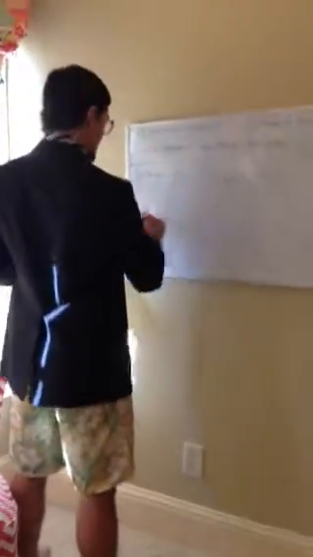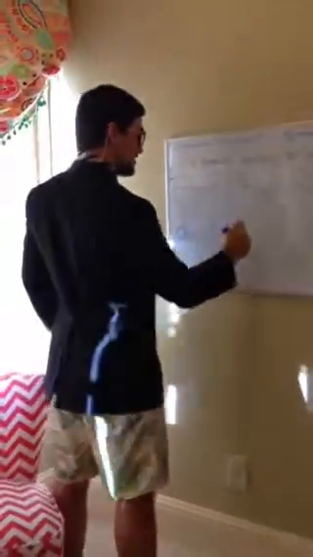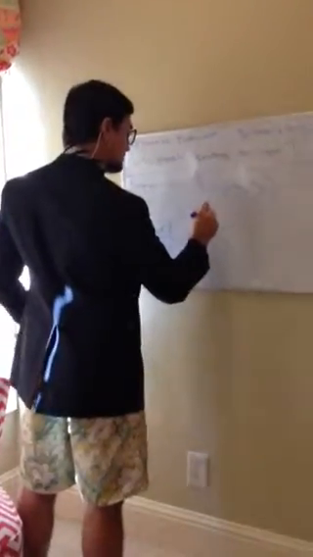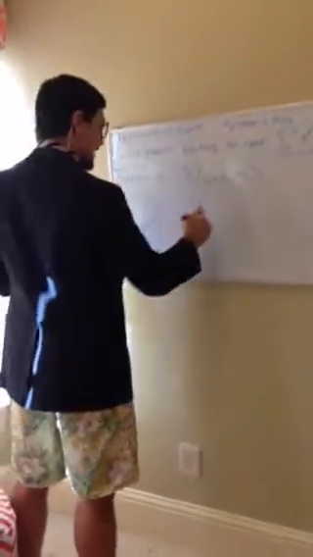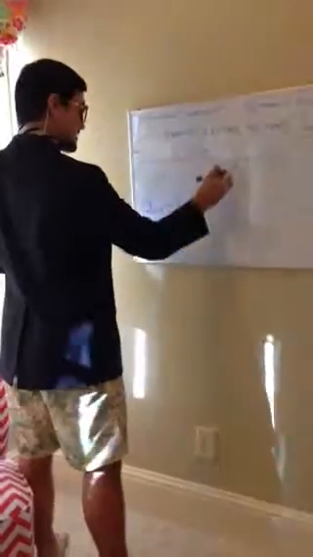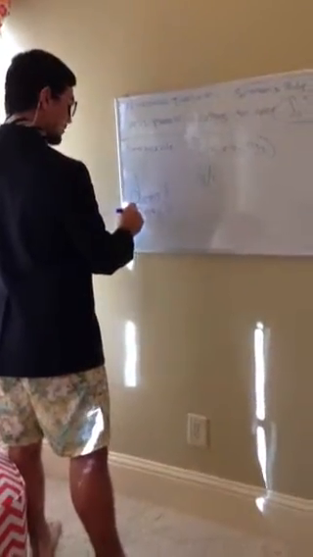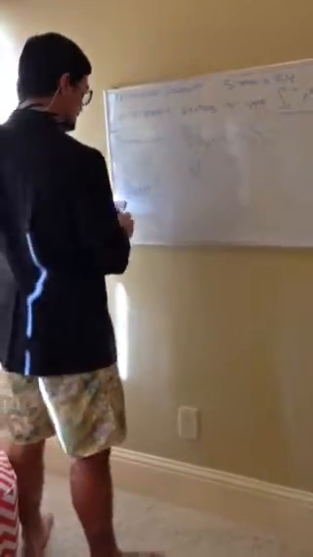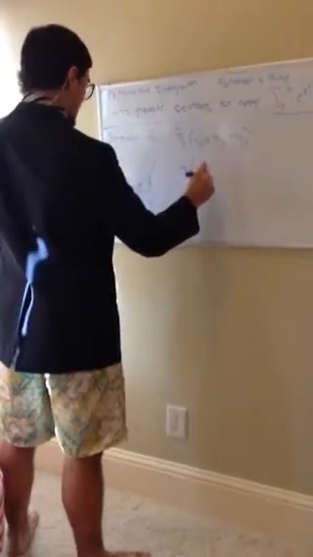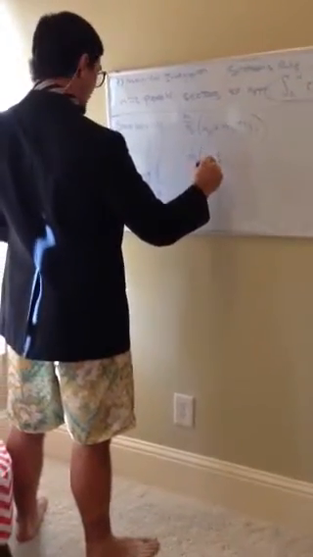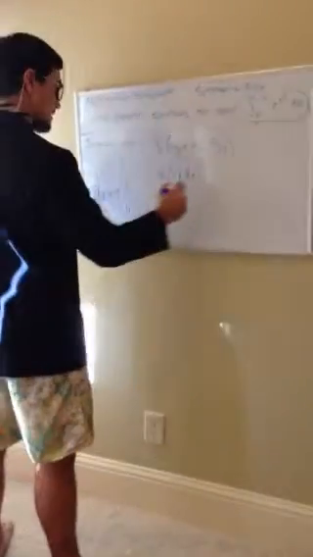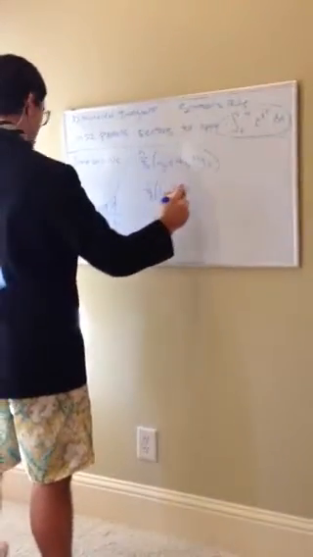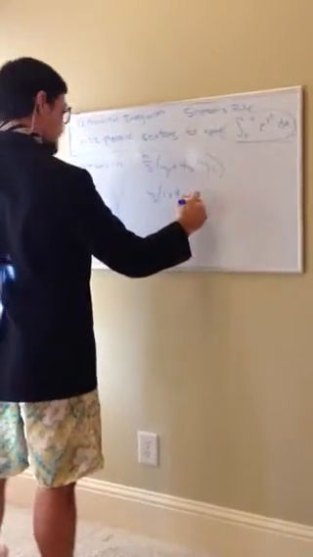Since our h, the width of each interval, is 1, we have 1/3. Then we would have 1, since e to the 0 is always 1. Then we would add 4e right here, and then e to the 4th.